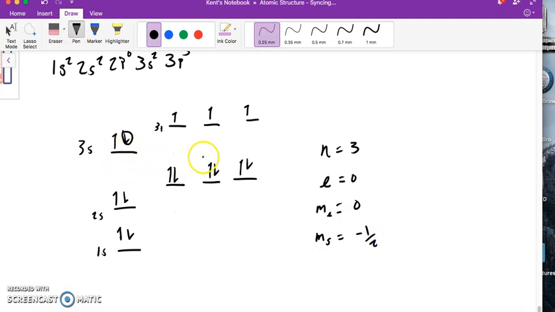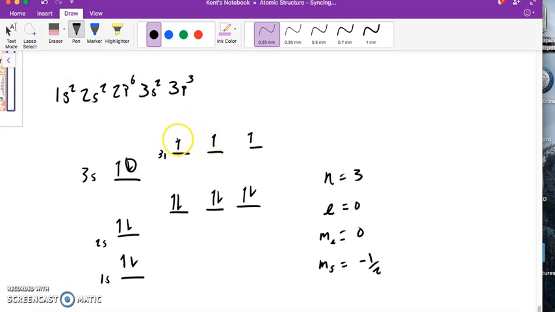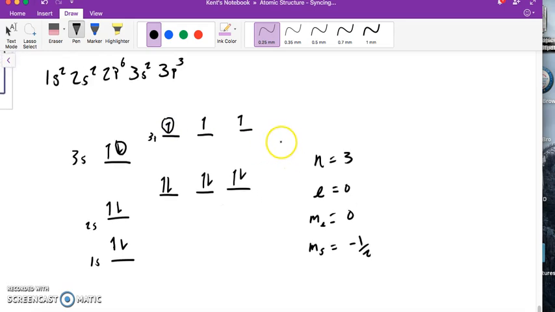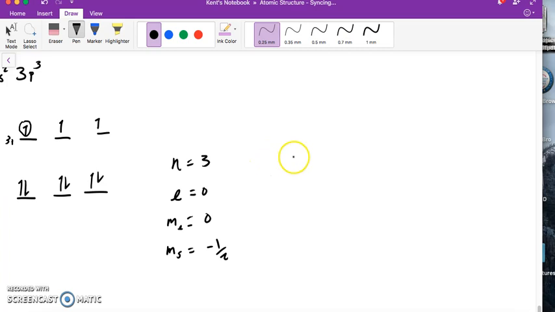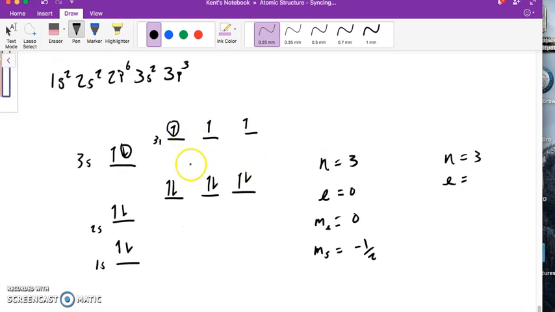Okay, let's try to do another one, Mr. Woodard, without making any mistakes this time. So let's pick this one. This one right here. So how would you tell the reader you were talking about that electron in particular? And using quantum numbers, n is equal to 3 again. L, this time, we're talking about the p subshell, so L is equal to 1.